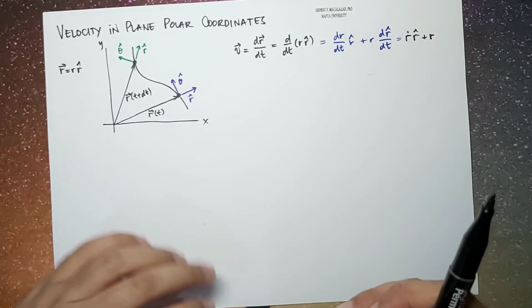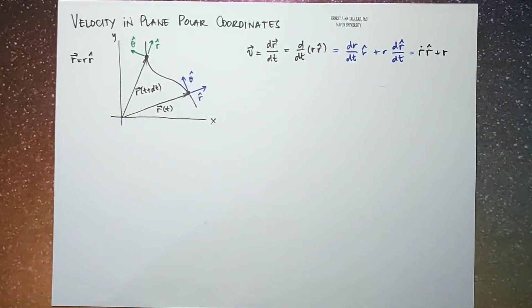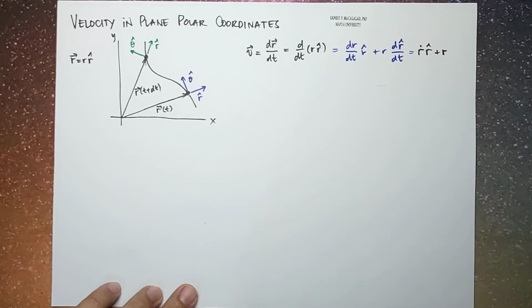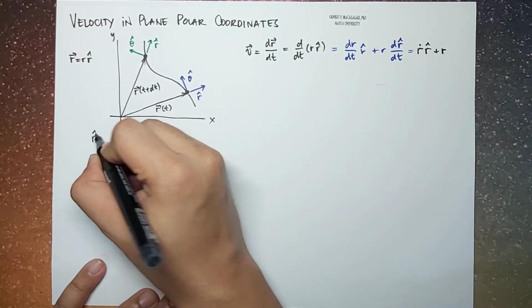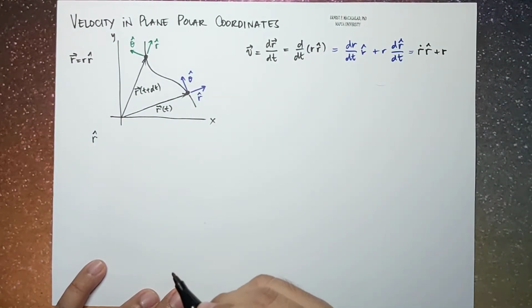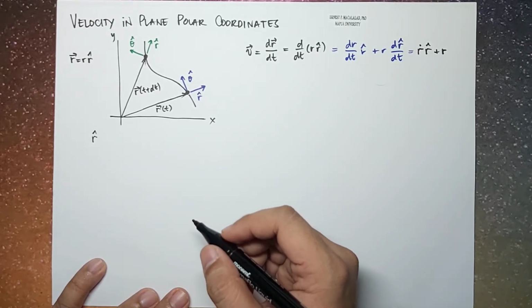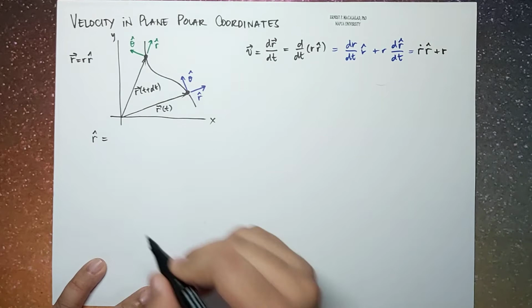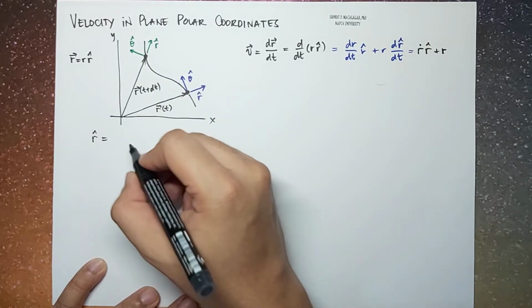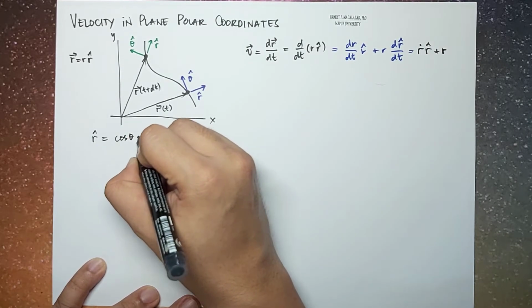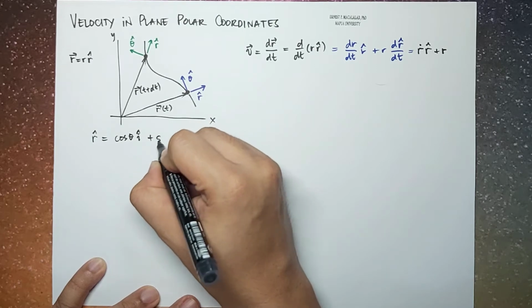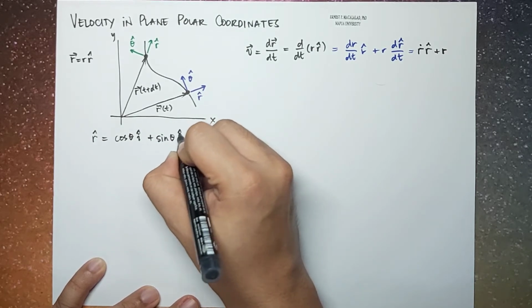Now what is the derivative of r hat with respect to time? Going back to the relationship between r hat and the Cartesian unit vectors, we know that r hat is equal to cosine theta i hat plus sine theta j hat.